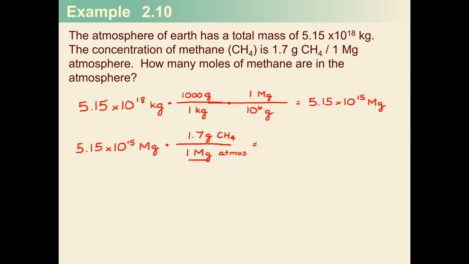But I don't want grams of methane. I need moles. So now what I need to go and do is multiply this by the molar mass of our methane. So 1 mole of our CH4 is going to be the mass of the entire part.